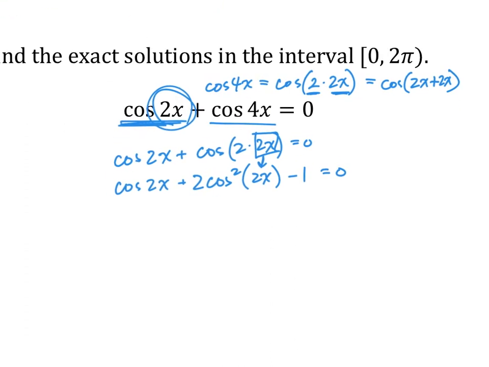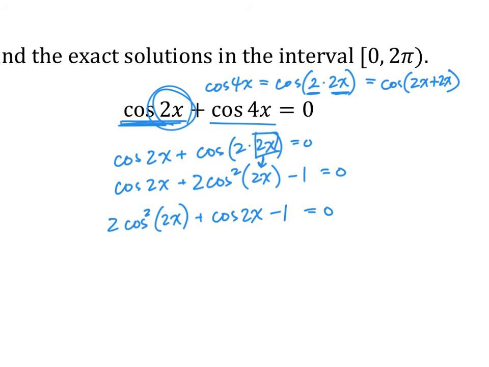All right, don't make this too hard. It's really just saying this is the variable. So we have 2 cosine squared and then cosine, and then minus 1. Okay, I'm going to rewrite this so it might be a little easier to see where we're going next. So 2 cosine squared 2x plus cosine 2x minus 1 equals 0.